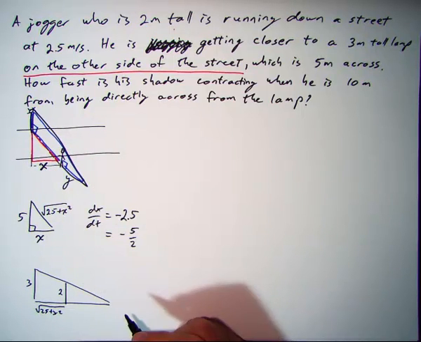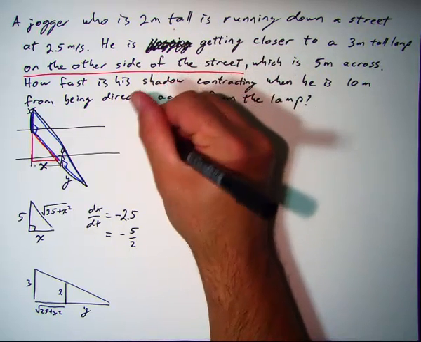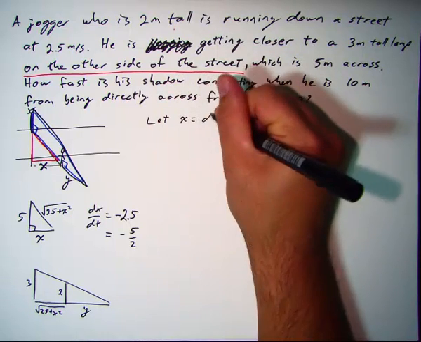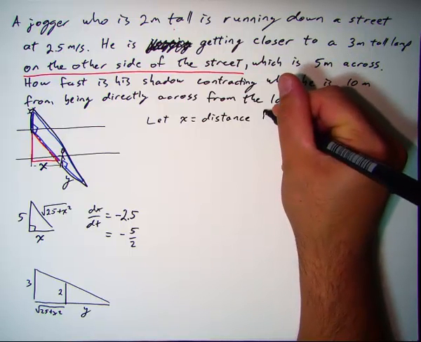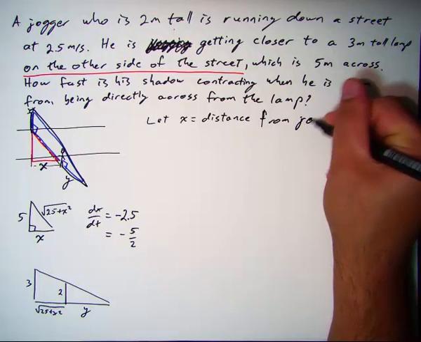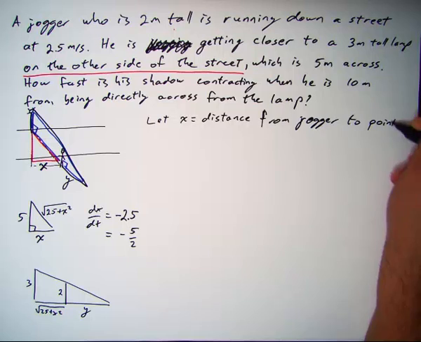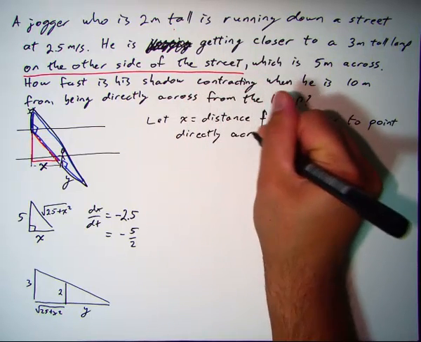I need to define my shadow, so this is y over here. I should have a line about exactly how they're defined. I should say let x be equal to the distance from the runner, the jogger, to the point directly across from the lamp.